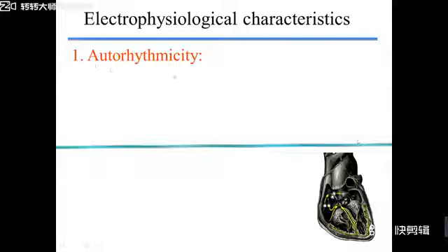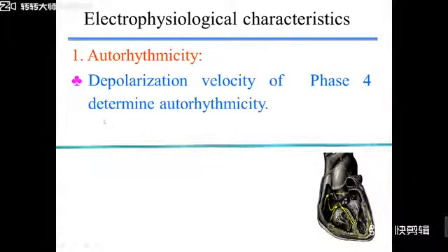We call this autorhythmicity. The depolarization velocity of phase 4 determines autorhythmicity. And just now we also reviewed that in phase 4, two channels determine autorhythmicity. They are the fast sodium channels and slow calcium channels.